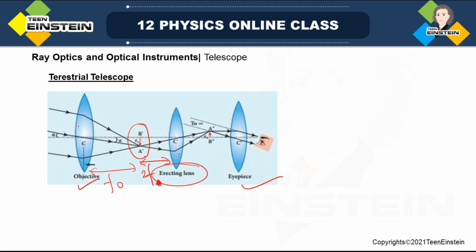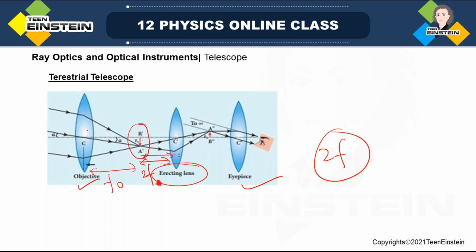I'll just repeat it. The objective creates the image A prime B prime at the focus, and this image will act as the object for the erecting lens, which is placed in such a way that its 2f distance will be exactly this one.